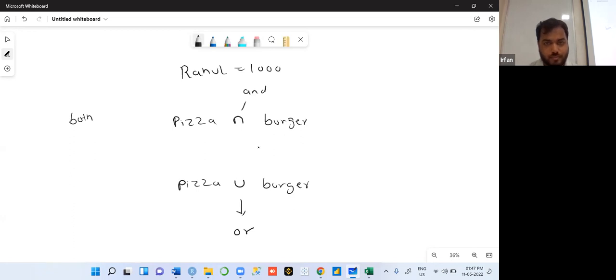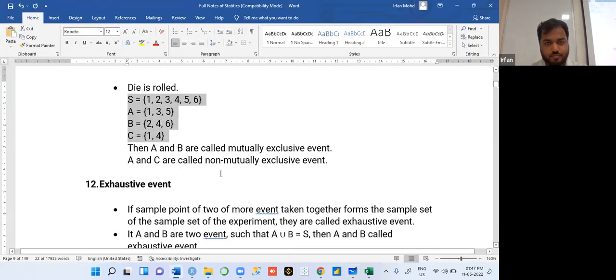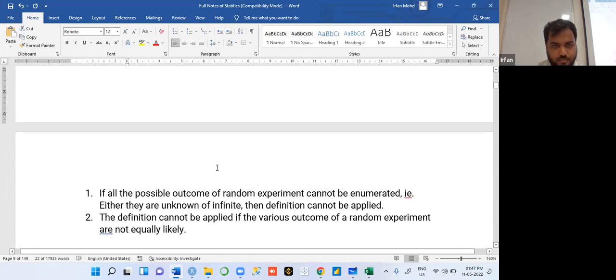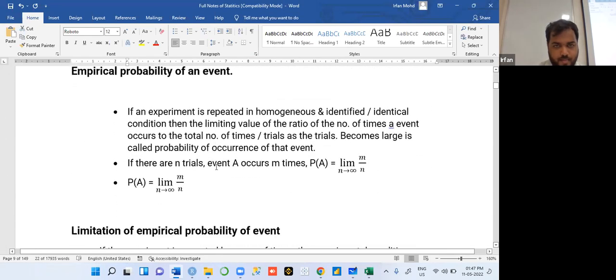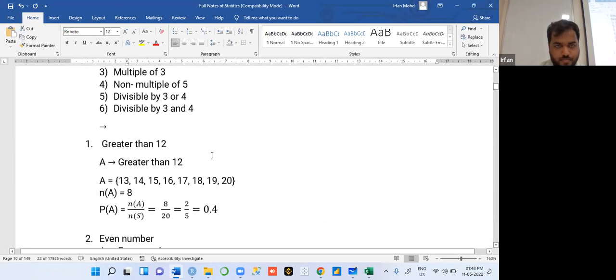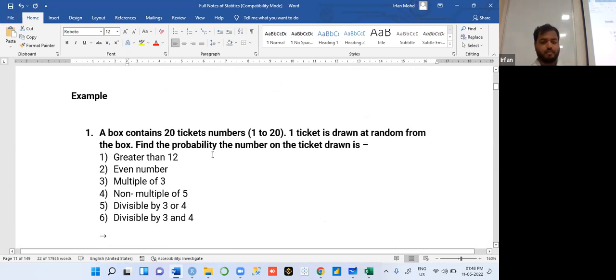Okay. Write this example, guys. We'll solve one by one. First probability, then increase the level. Okay.